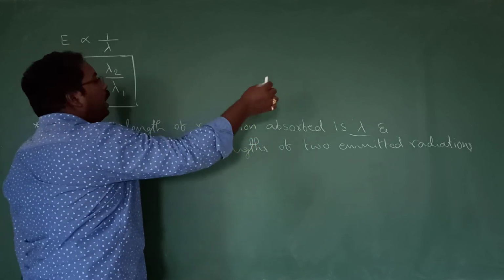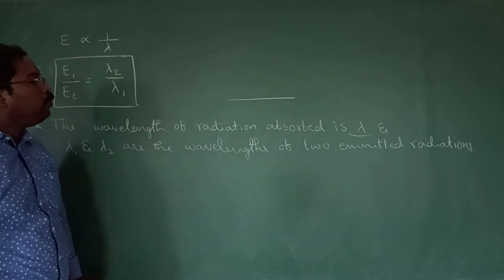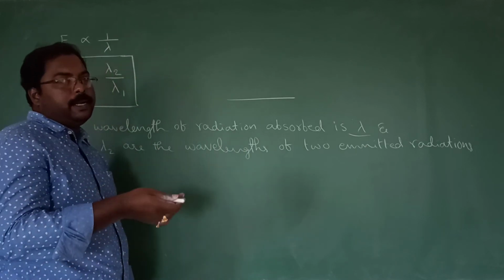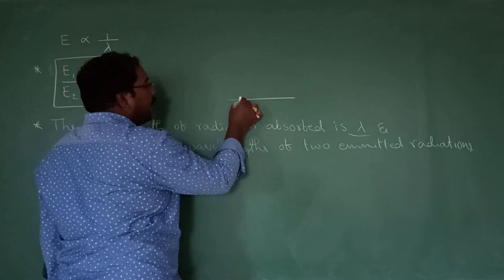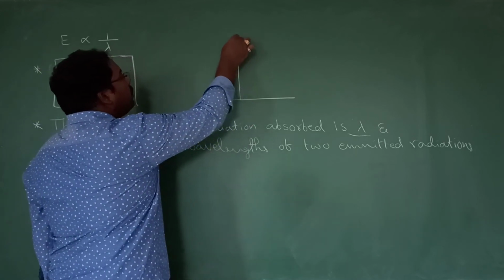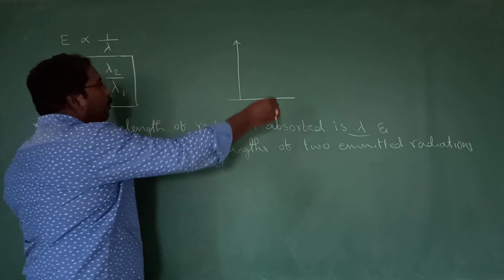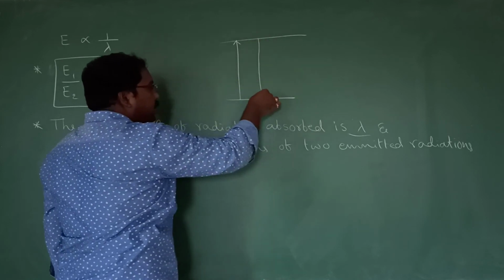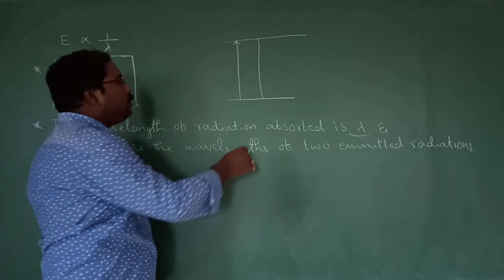We all know, in the hydrogen spectrum, in Bohr's atomic model, which you may already have learned, if a particle like an electron absorbs energy, it jumps to a higher energy level. But while it is coming back, it radiates and emits energy.